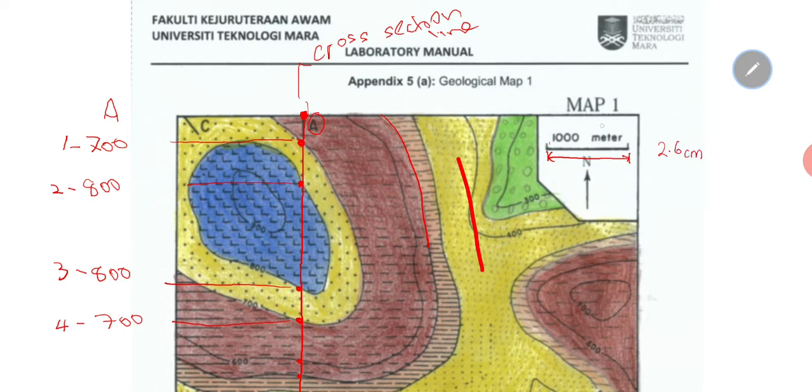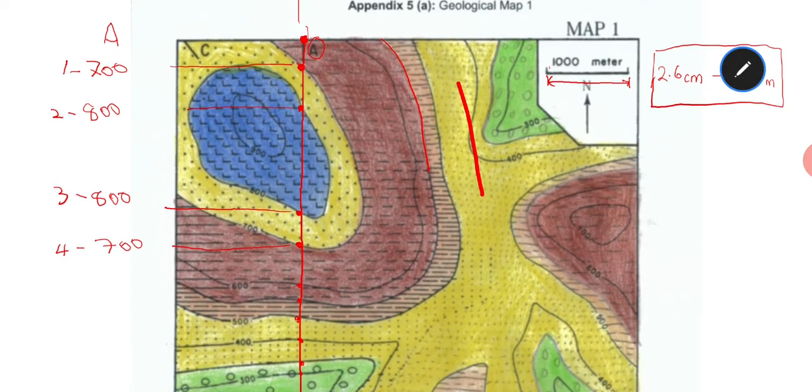The scale says that 2.6 centimeters is equal to 1000 meters on site, or in the real location, it is about 10,000 meters. So you must know this is the basis of your scale, and you are using this to convert all measurements from centimeters to meters.